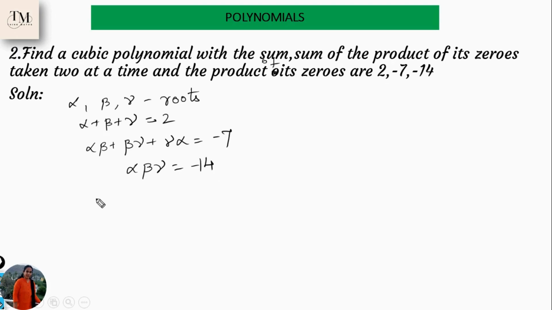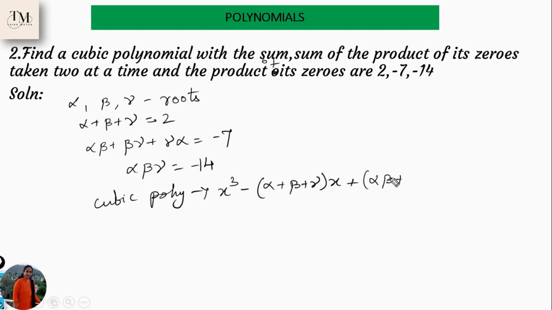So we know that the cubic polynomial is of the form x cube minus (alpha plus beta plus gamma) x square plus (alpha beta plus beta gamma plus gamma alpha) x minus alpha beta gamma, which is equal to 0.